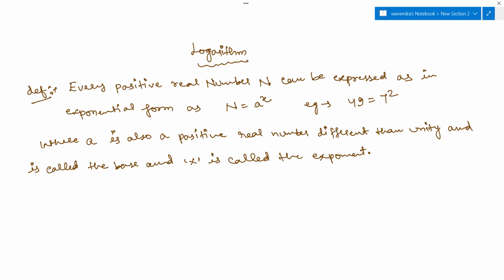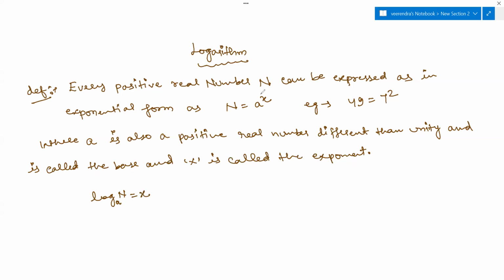We can write this as log. In logarithmic form, we can write it as log N to the base a, with the base written here like this, equal to x.